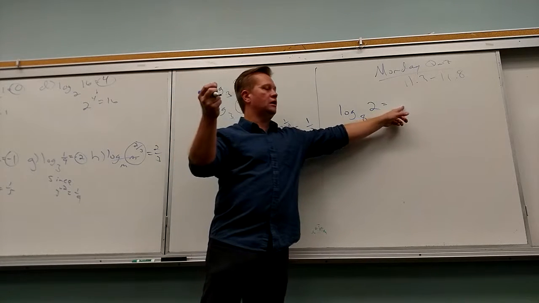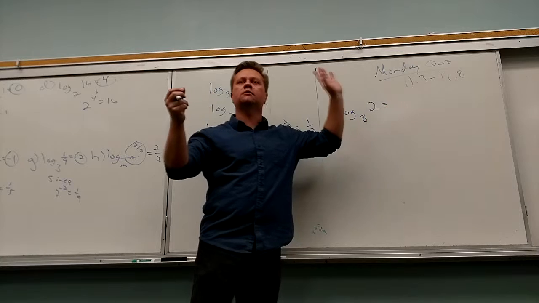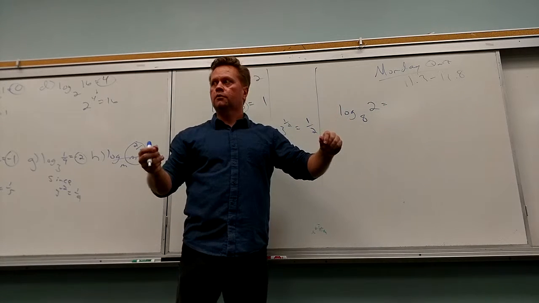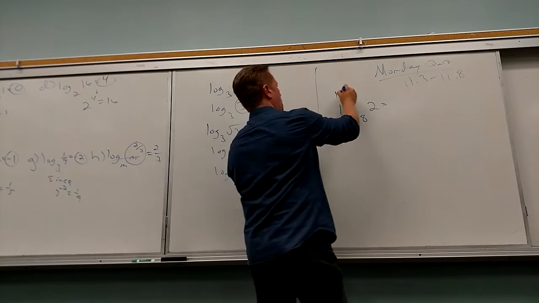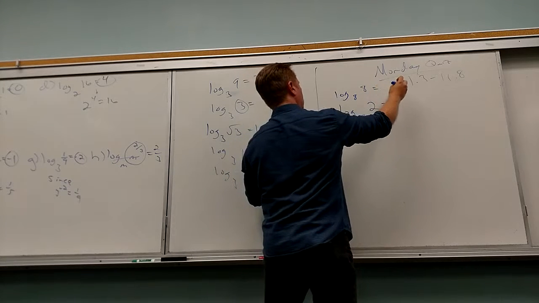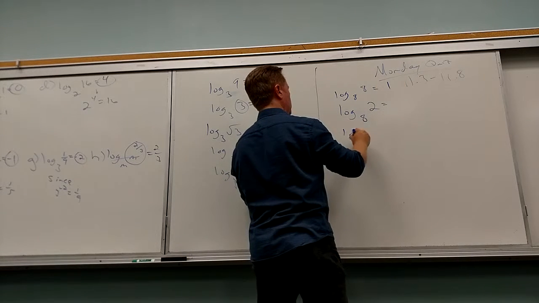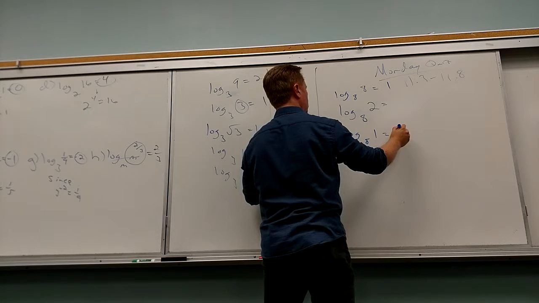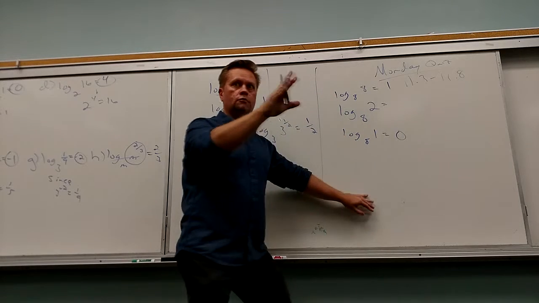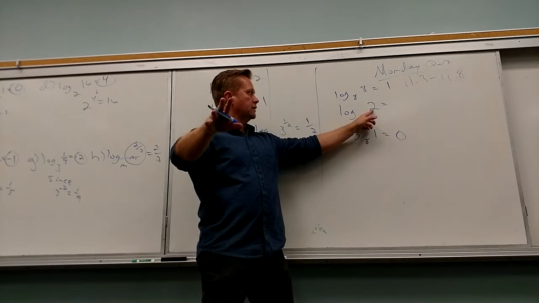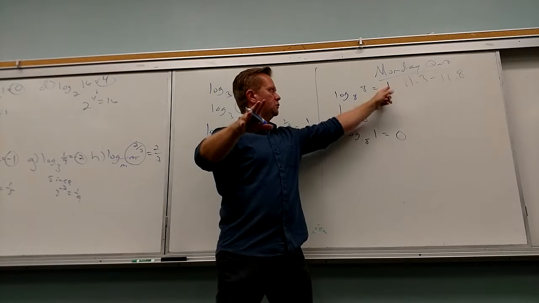It's going to be some kind of a fraction. It's going to be some kind of a root. So watch this. What's log base 8 of 8? 1. What's log base 8 of 1? 0. Now watch. Ready? That's between those, so its answer should be between those.